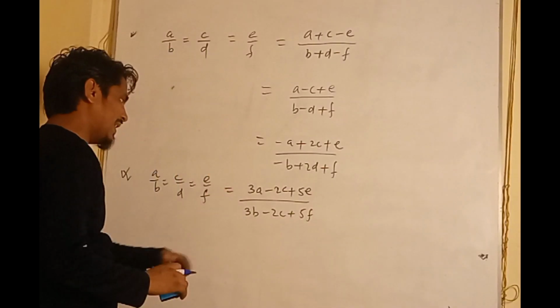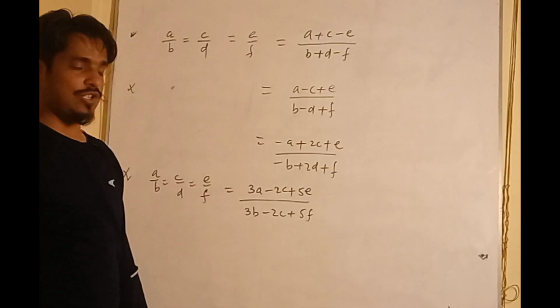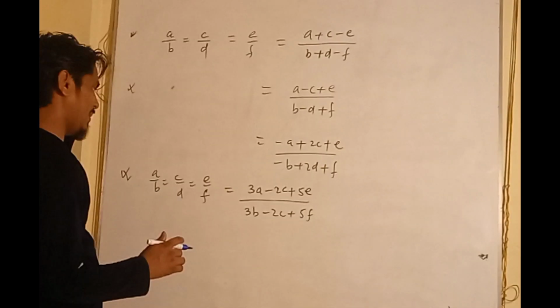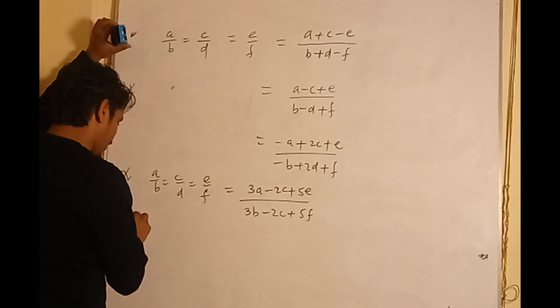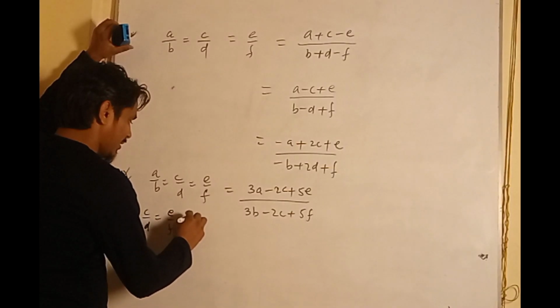We need to prove that this is equal to all these ratios. So what we can do is use the k method. We take a by b equal to c by d equal to e by f equal to k.